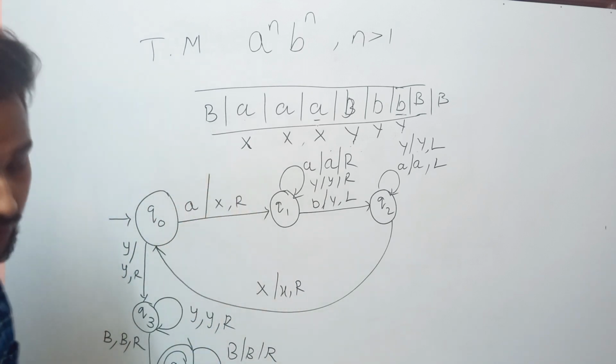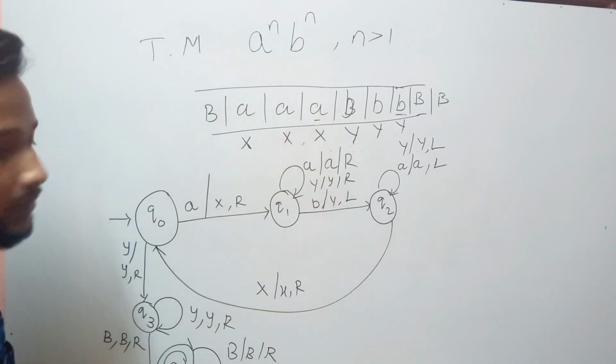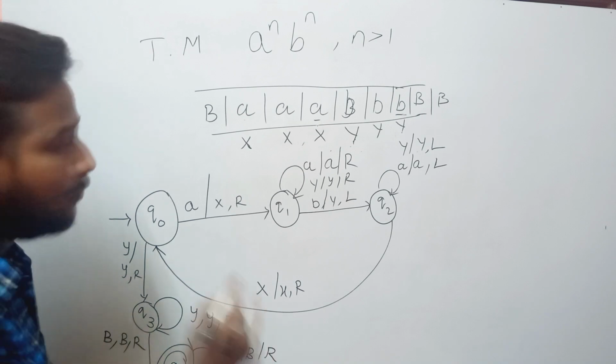This is the Turing machine for A power n, B power n. Let us quickly revise this.